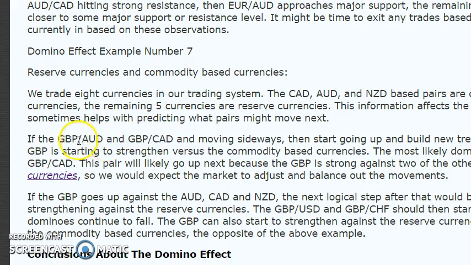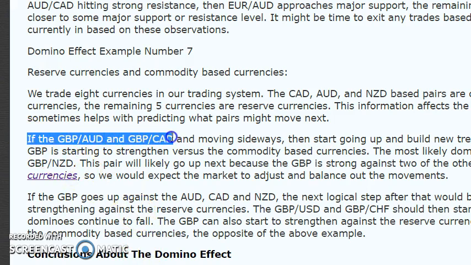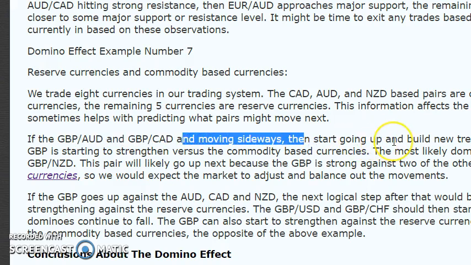So what do you have here? You have the British pound strengthening against two of the commodity-based currencies. Okay? So the pound Aussie and the pound Canadian were moving sideways, and then they start to go up and build new trends. Well, what pair is going to move next?